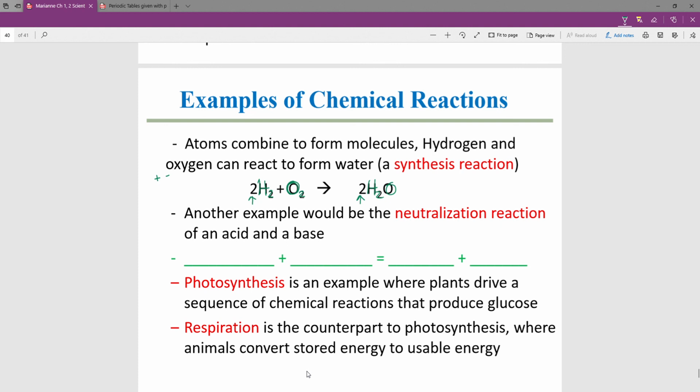So we don't want to create or destroy matter. We're just rearranging it. We're always stuck with 2 hydrogens. Well, oxygen always has, or sorry, water always has 1 oxygen in it. So if we want 2, well, that means we need to have 2 different molecules of water. And if we have 2 here, it distributes. We actually have 4 atoms of hydrogen, and so there's 2 over here.